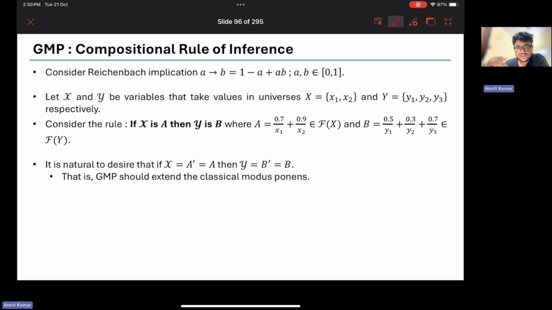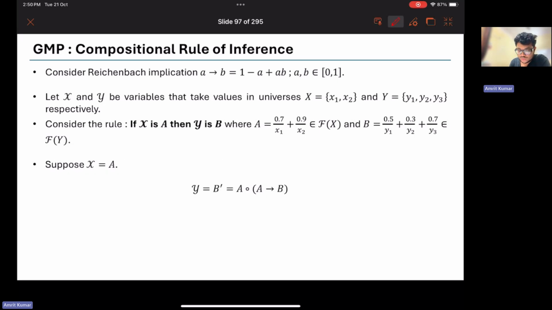Or in other words, the generalized modus ponens should extend the classical modus ponens, because classical modus ponens tells us that if you are given P implies Q and P, from there you can infer Q, right? So a generalization of classical modus ponens, or what we call GMP, should extend this. In other words, if the input fuzzy set A dash is A itself, then the output fuzzy set B dash should also be B. So let us quickly see if that is the case.